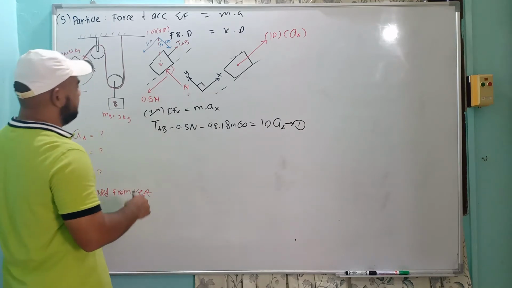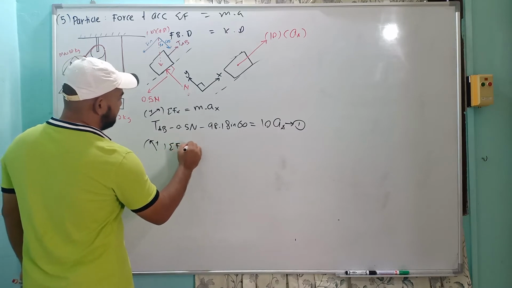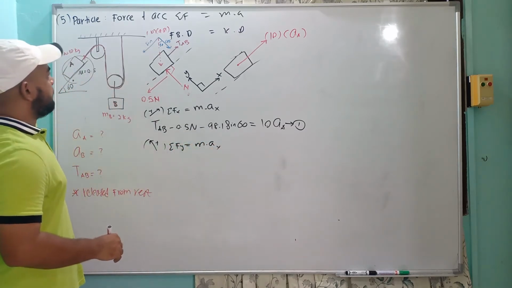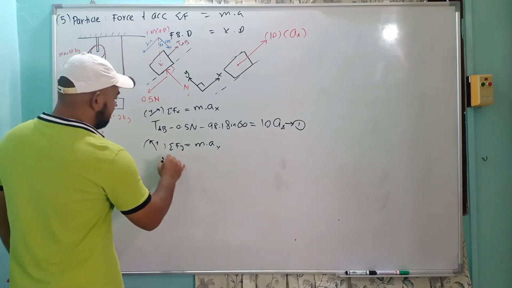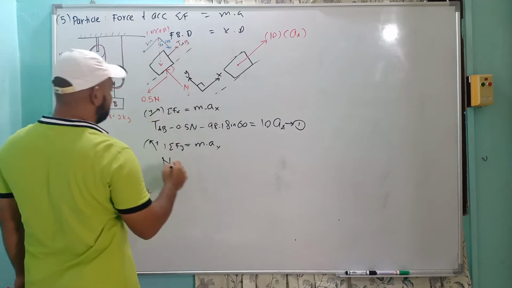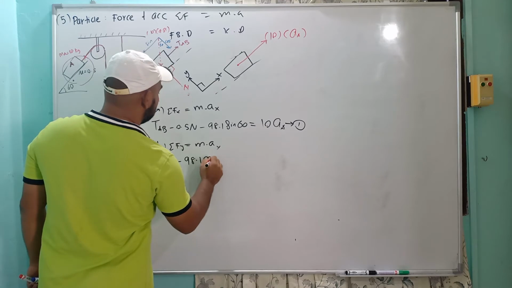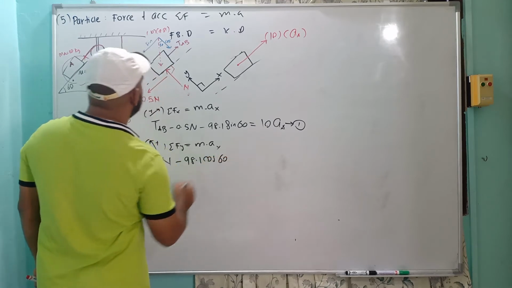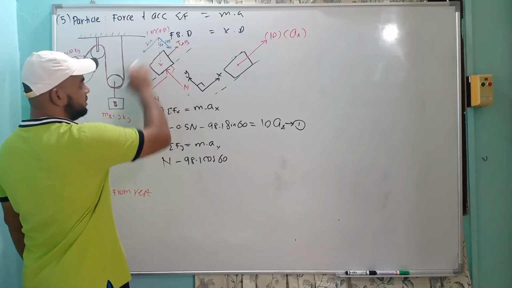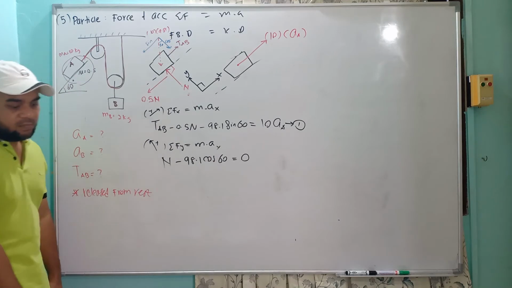In the Y direction, positive this way, sigma Fy equals may. I have N, and then minus 98.1 cos 60 downward, equals 0.